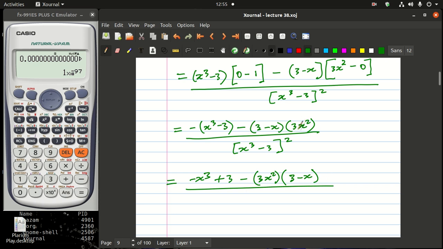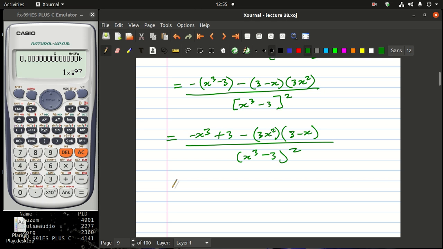So I'm just switching these two, but the minus is still there. And then I still have x cubed minus 3, and then I have a square there. And then I still want to expand this. The reason I stopped is because I don't want to end up expanding only this part, but I still have a multiplication here. So I need to first multiply this, and then I will take the sign later. So I'll end up having minus x cubed plus 3, and then here I have a minus.